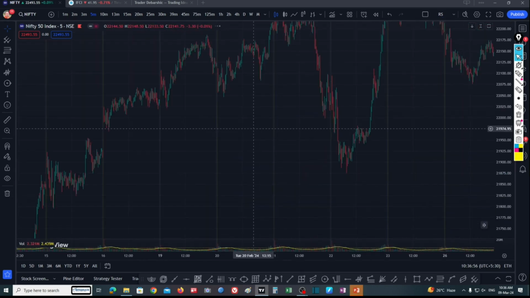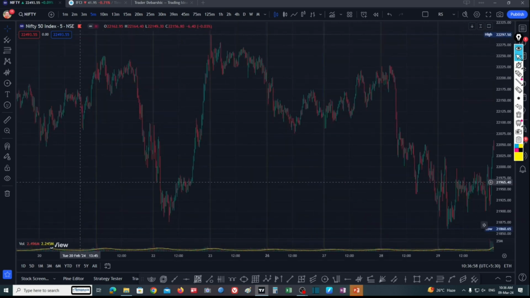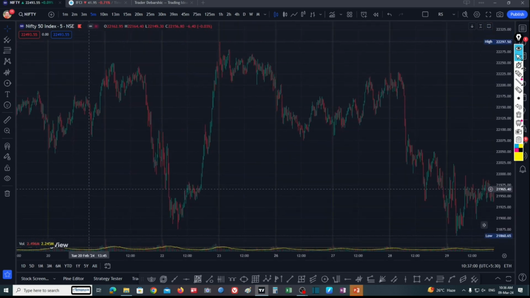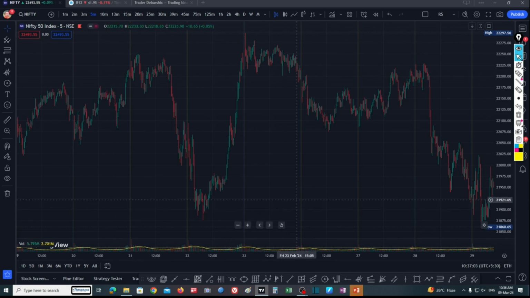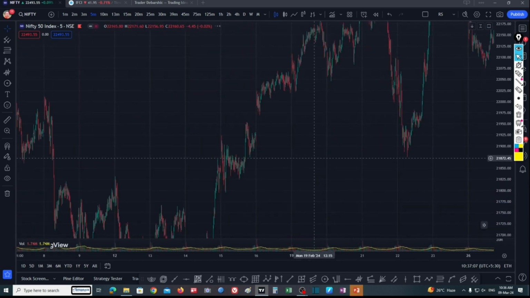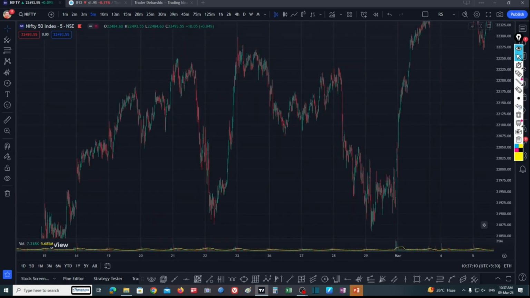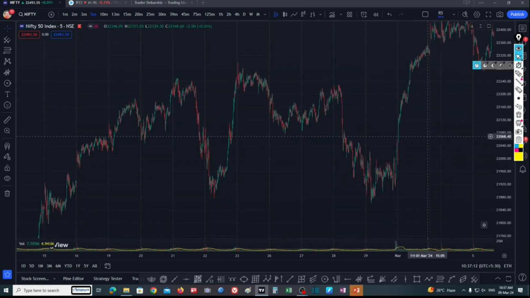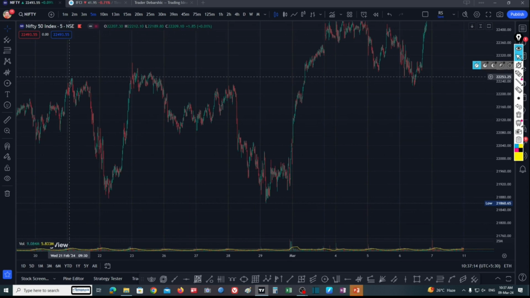Suppose we have taken this area, this is one pivot point, this is another point.